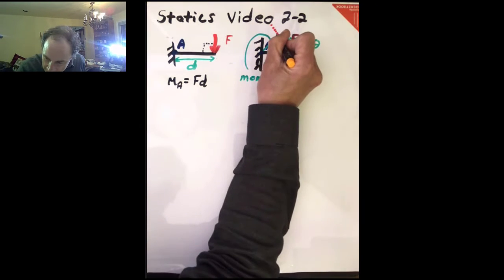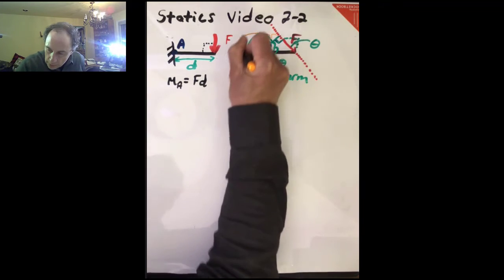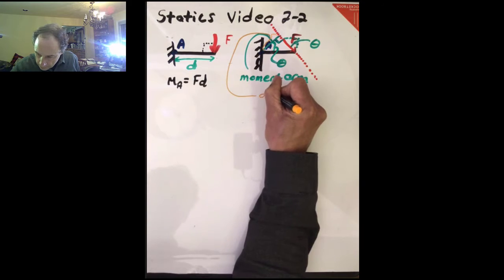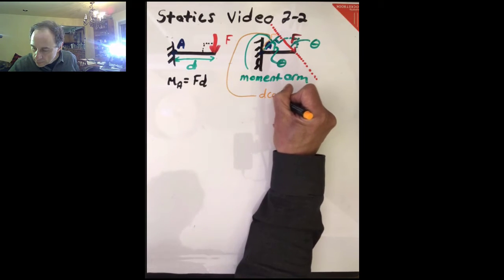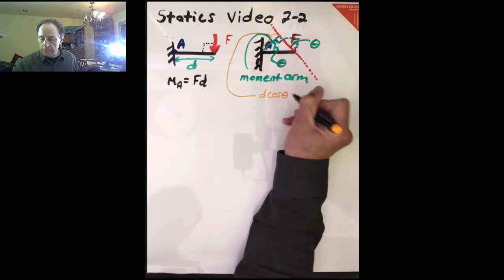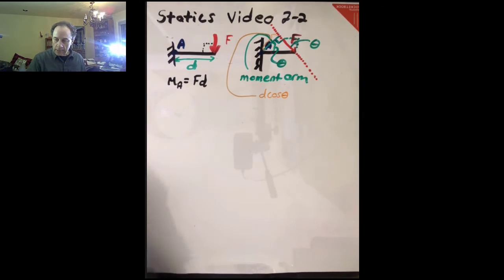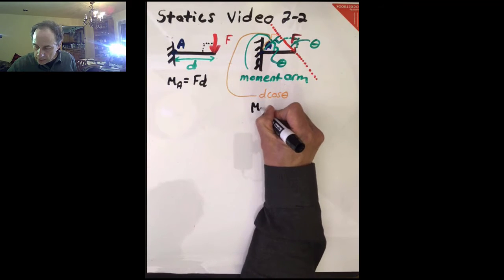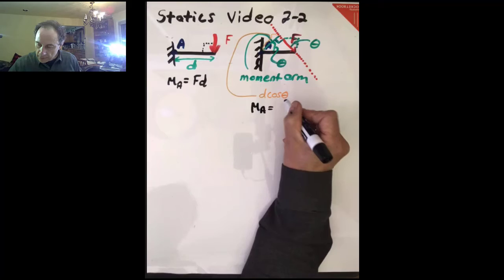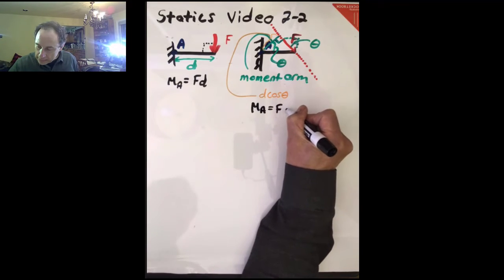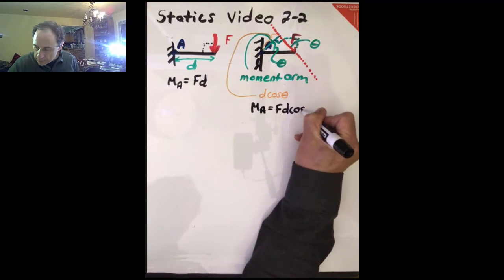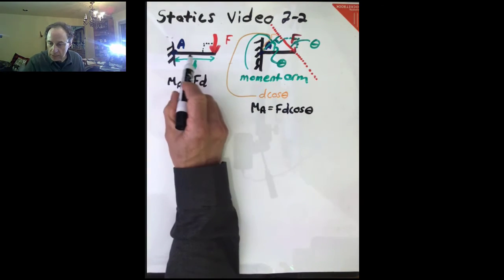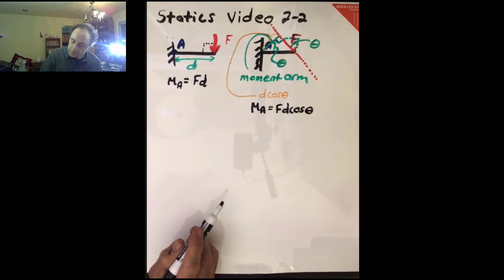This distance, the actual moment arm, is going to be d times the cosine of theta. So in this case, the moment about A is going to be the force times d cosine theta, because we're keeping the variable d the same. Variable d is the length of this beam.